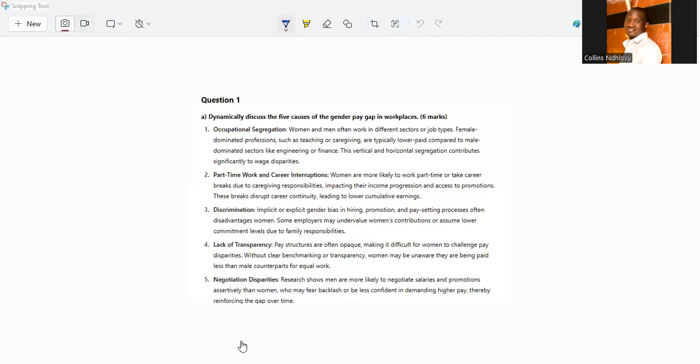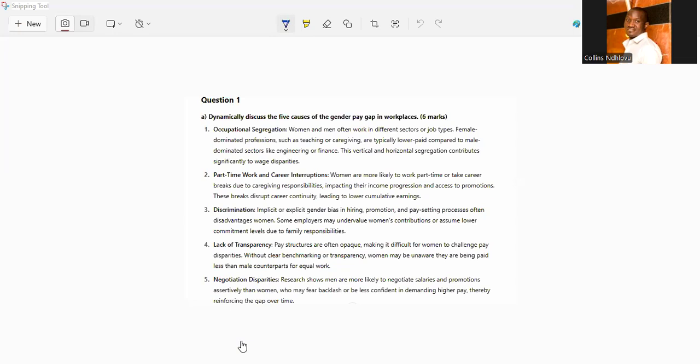We're looking at the causes of what? Gender pay gap. So there are different types of jobs. We're looking at part-time work and career breaks. Women often take time off work or choose part-time jobs so that they can take care of the family or the children.